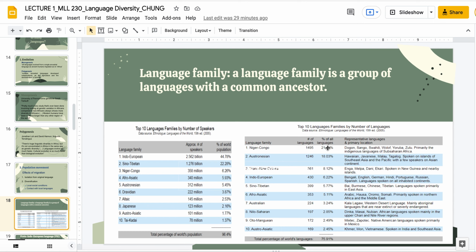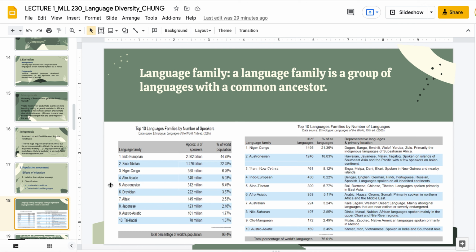So you can see what I was speaking to at the beginning of this PowerPoint, that even if you have the most number of speakers, like this Indo-European family has the most number of speakers, it's a big family, it doesn't mean that the people in the family are as diverse as these families here.